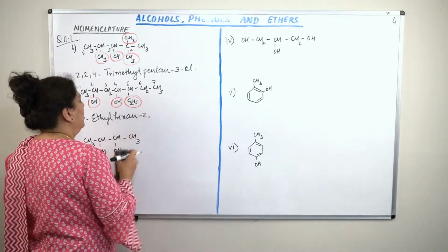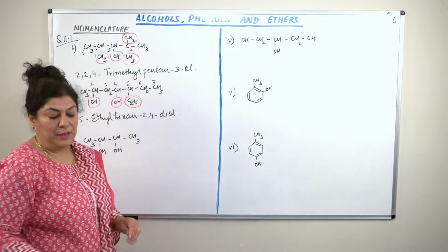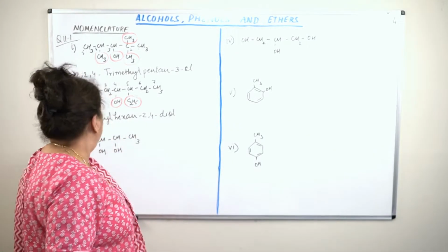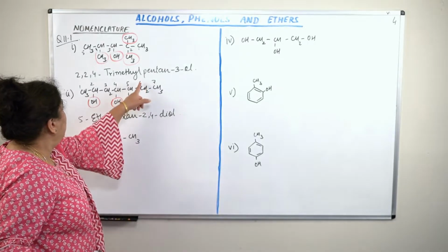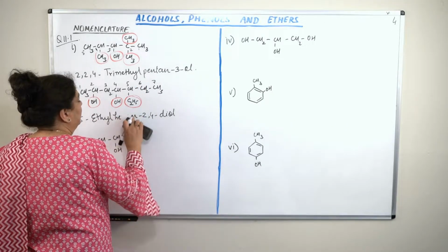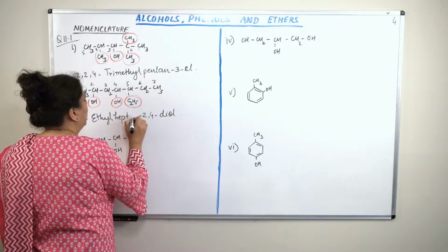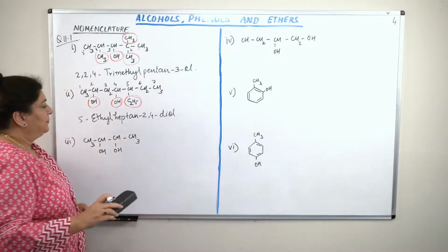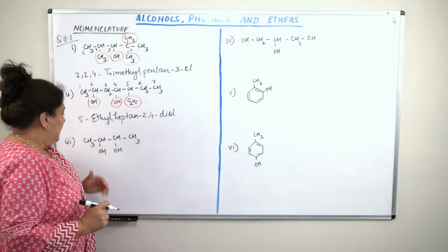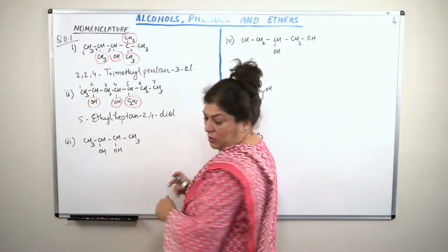It is on the 4th carbon. 2, 4 diol will be the name of this compound. 5-ethyl heptane. It's not hex, it's not 6 carbons, sorry, missed this. Heptane. Heptane 2,4-diol, right?